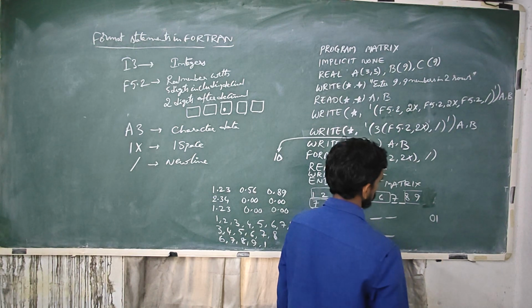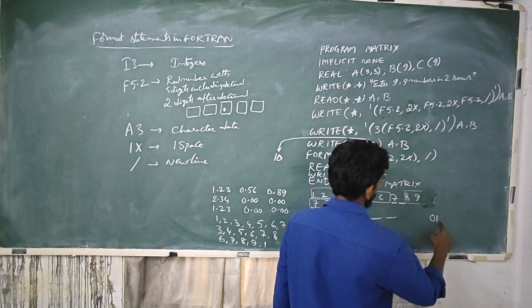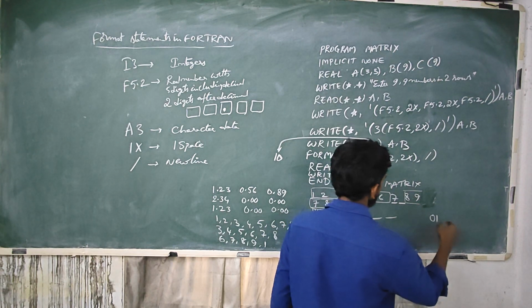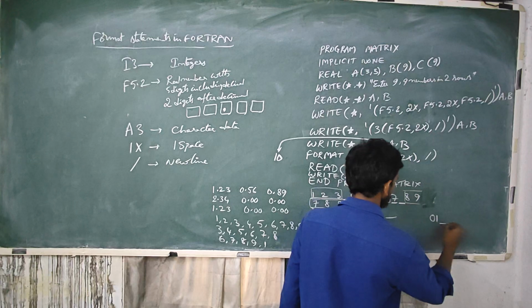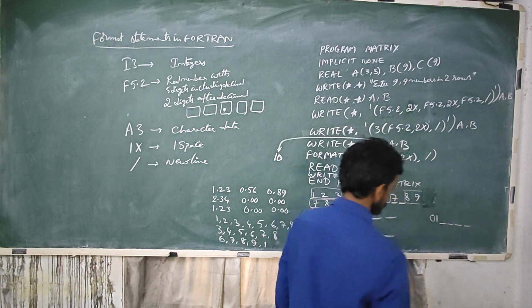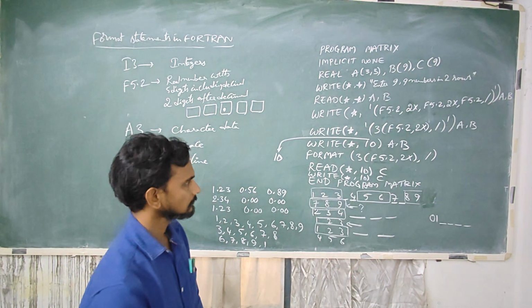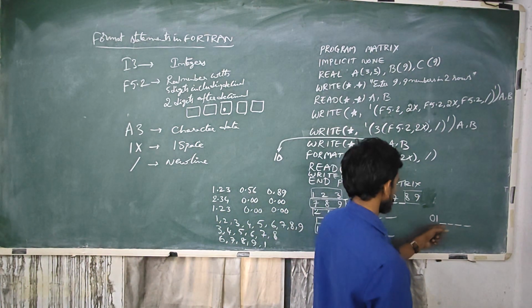Zero, 1. So yeah, give this 0, 1 followed by 3 spaces and 2 spaces for this, another 2 spaces for next one. 1, 2, 3, 4, 5.